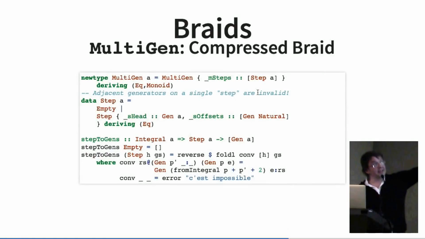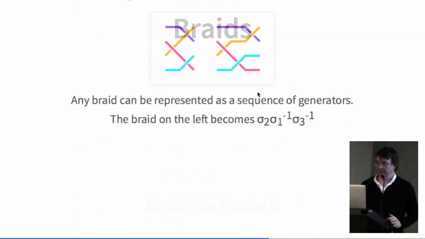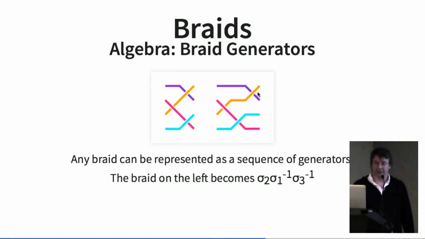Then I need to be able to express these braids that have multiple things happening at once, so I also have this concept of a multi-gen, but it's tricky because I wanted this to be a safe data structure. In other words, I didn't want the data structure to admit invalid braids, and one thing you'll notice if you look at braids is that you can't have a cross next to another cross.